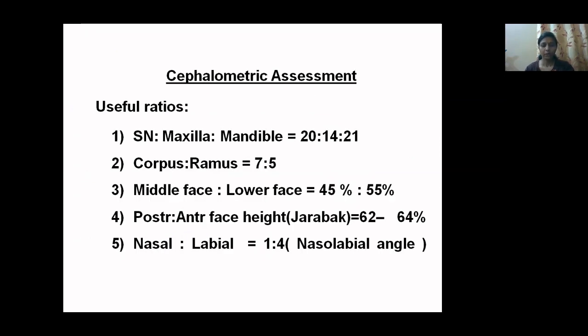Likewise, for the orthodontic treatment, certain additional cephalometric assessments are required. There are certain useful ratios that must be considered, like SN length to maxillary length to mandibular length. Usually this should be in the ratio of 20, 14, 21.